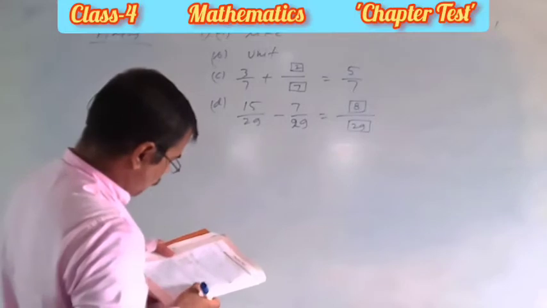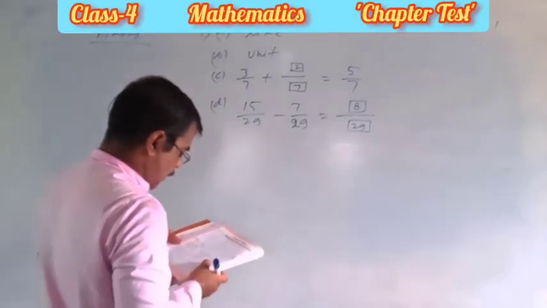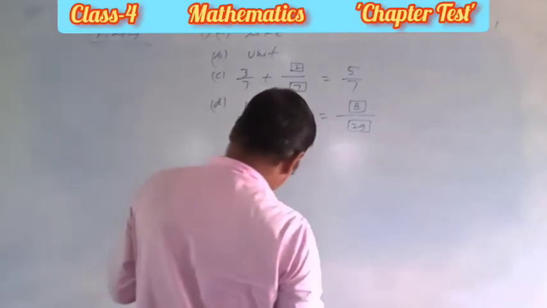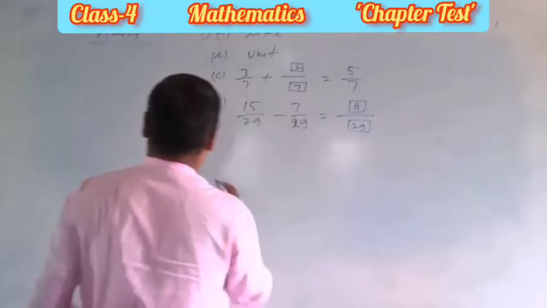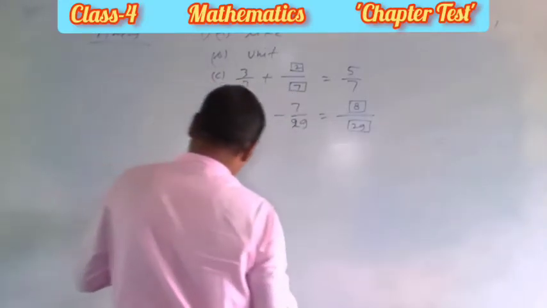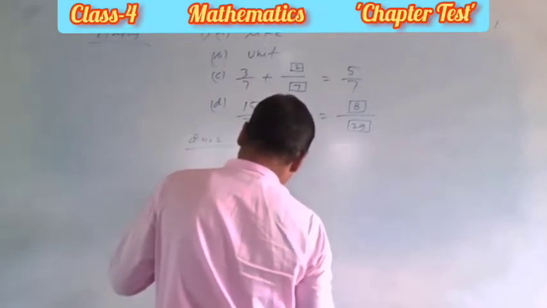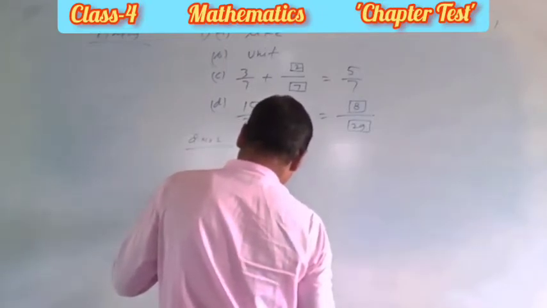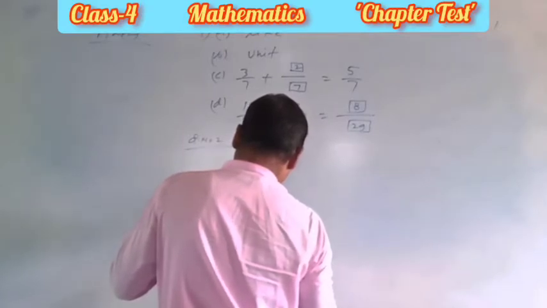Question number 2. Take equivalent fractions from the box and put them together in the box shape. Here we see some equivalent fractions that are solved for you.